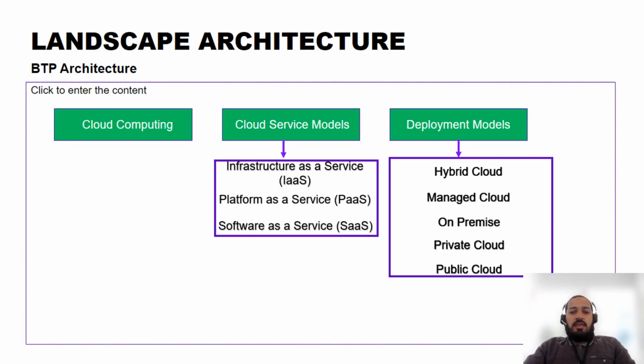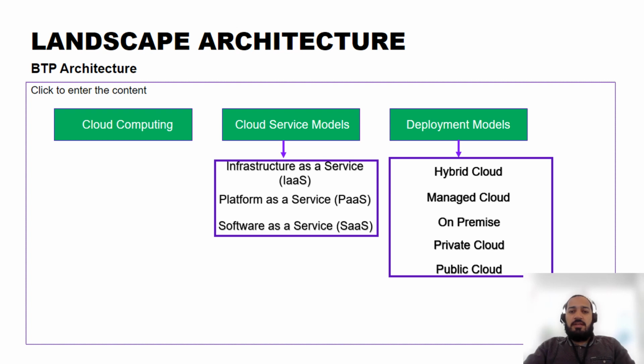This is the landscape of how BTP works. So you see here the cloud, cloud computing, cloud service models: infrastructure as a service, platform as a service, and software as a service.